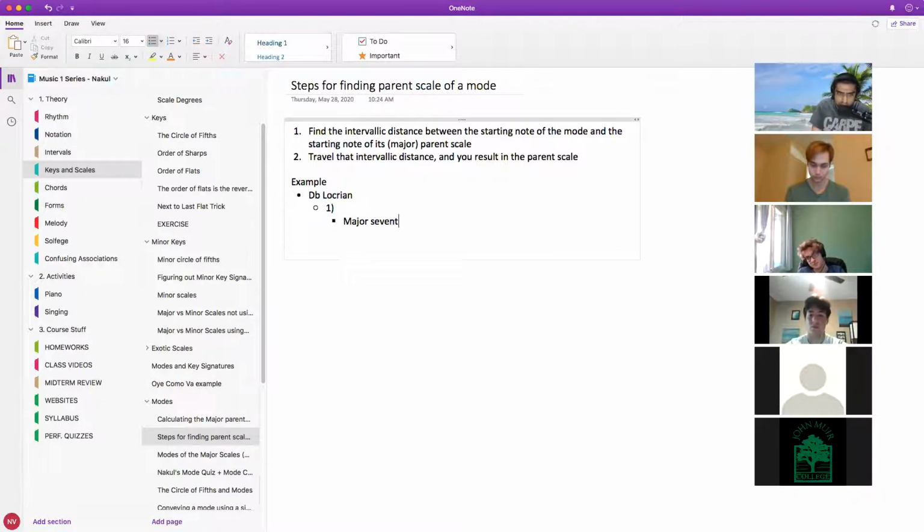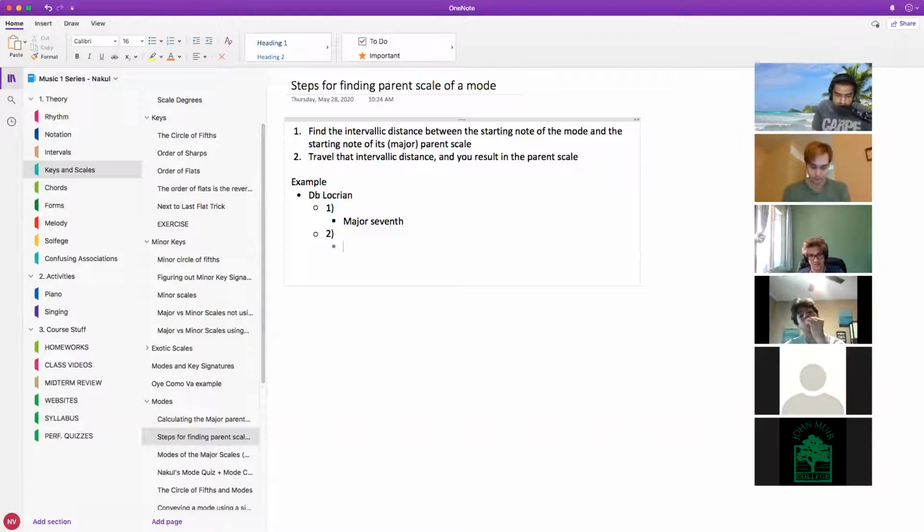Major seventh. So what is a major seventh below D flat? Is it E double flat?